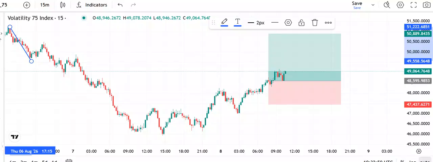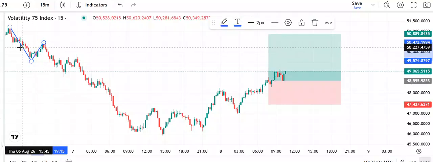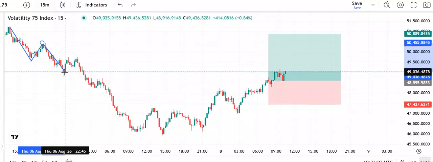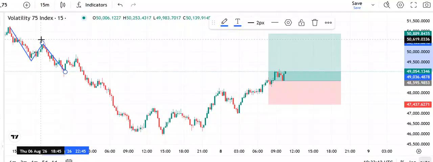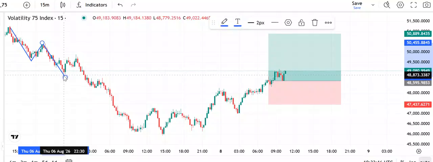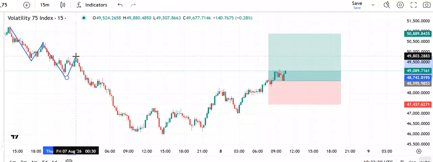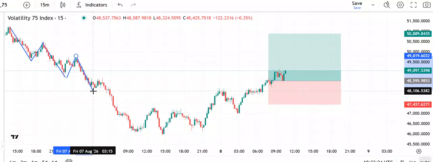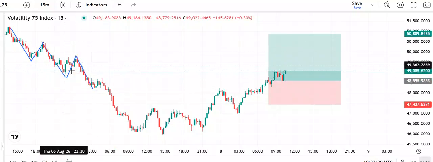was trending lower. We had a bearish trend around this side of the chart, where we have high, low, lower high, lower low. Then we also have lower high around here. We have lower low to this level, and then we have another lower high.